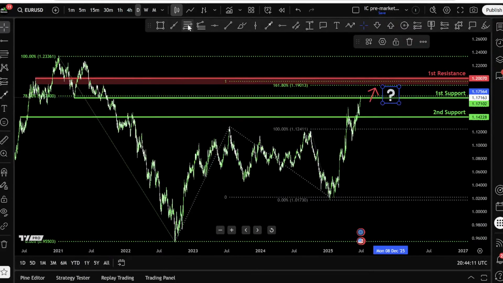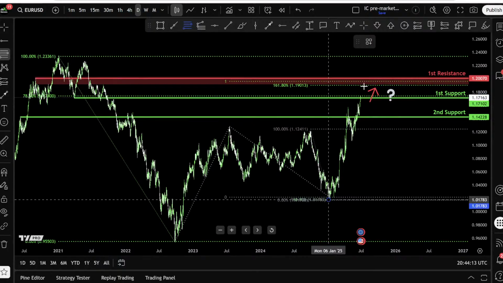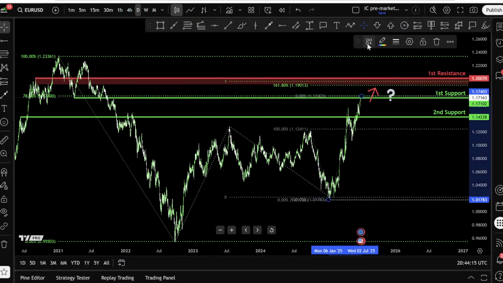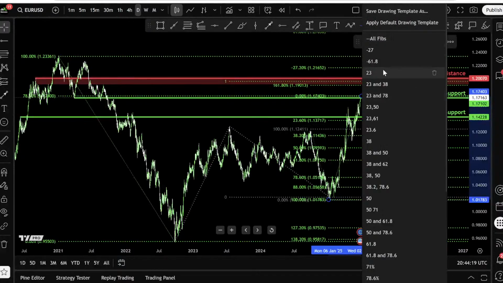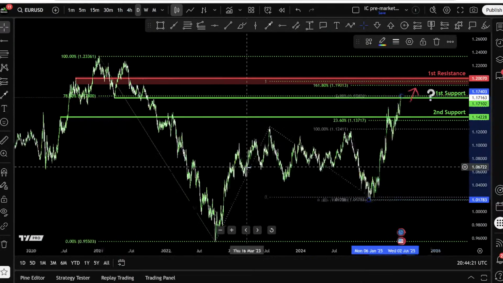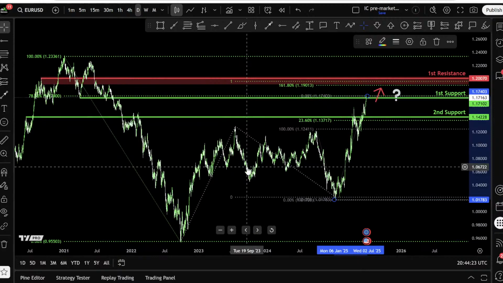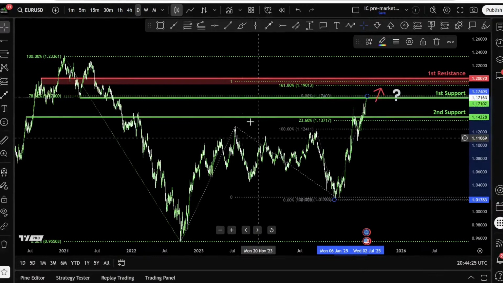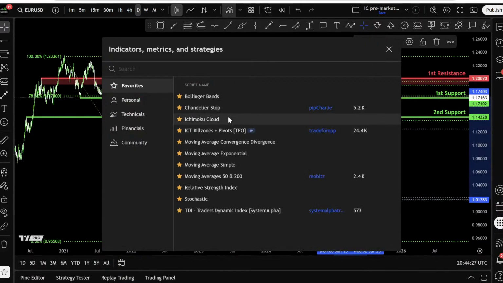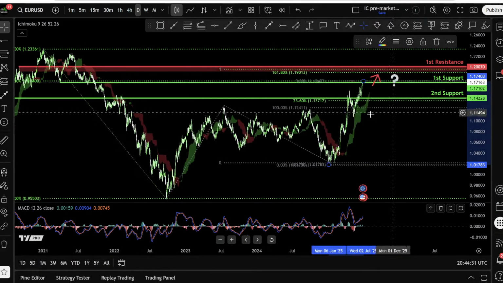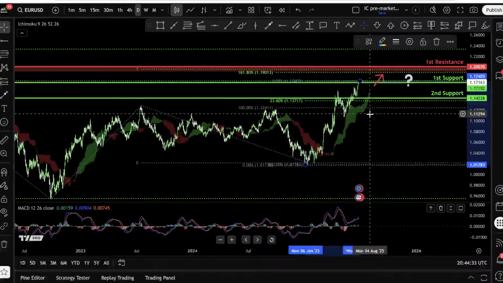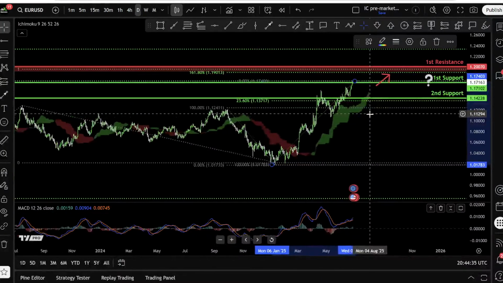Okay, going in with another retracement here. 23.6 lines up nicely. Okay, now let's pull out some indicators. Okay, price is moving above the cloud, so it's giving us a bullish signal.